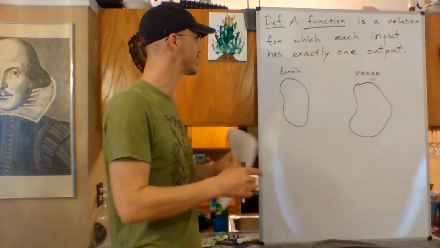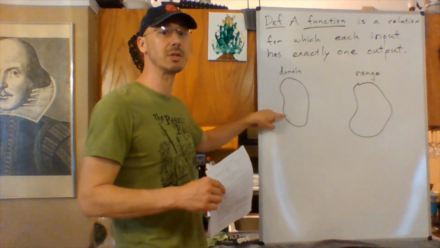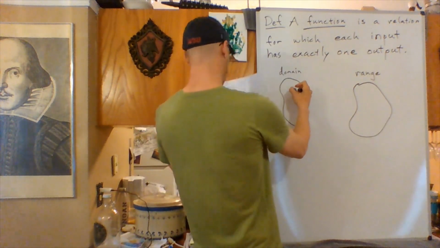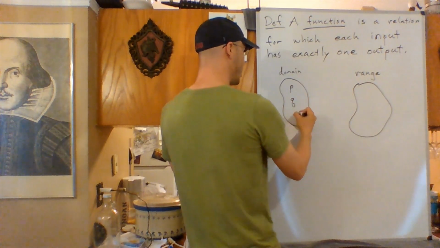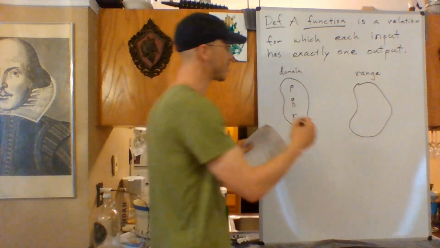I don't want to give any impression that they mean anything, but the domain is the set of inputs. So I'm going to put my inputs in here. Let's follow the book's example. P, Q, and R are the three inputs that I'm going to have in this example.